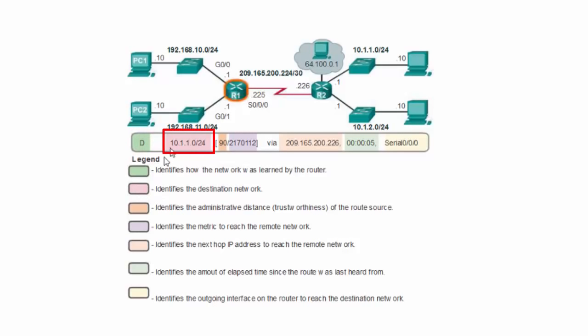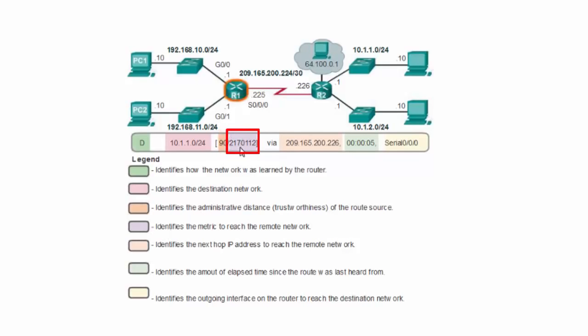This pink part indicates the destination network, and then this orange part indicates the administrative distance. The administrative distance here indicates the trustworthiness or how trusted this entry is. So if it's coming from a trusted source, this number indicates how trusted this source is.